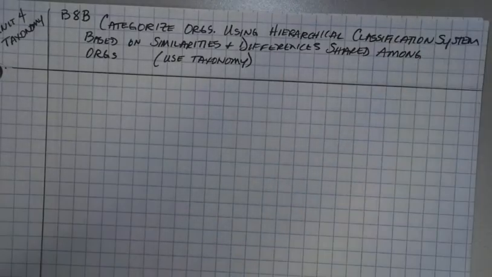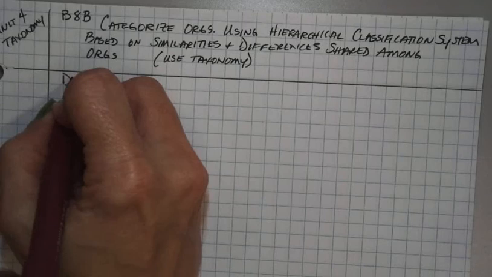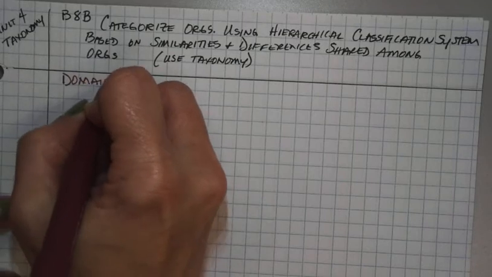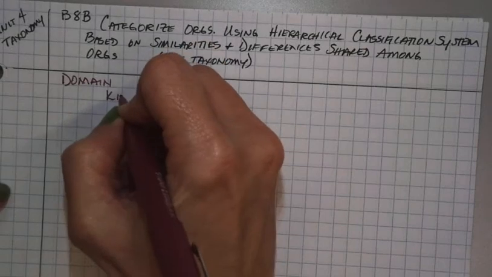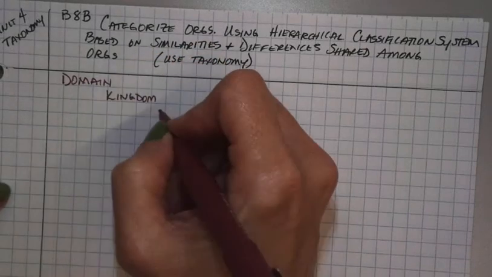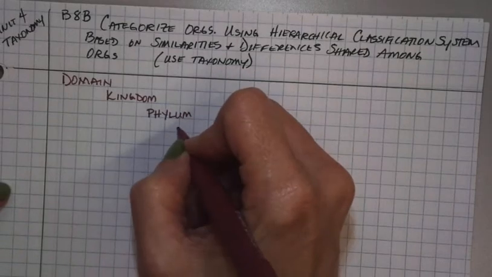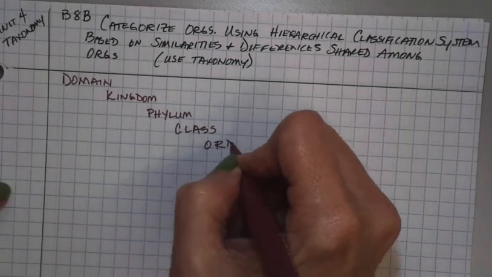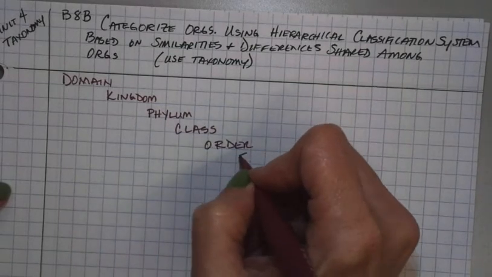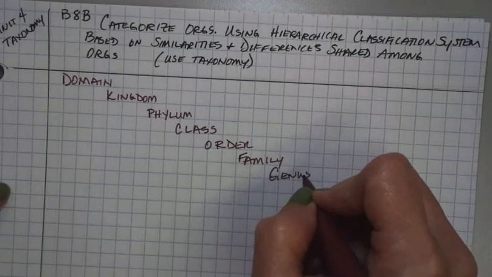So I'm going to start over here, and I'm going to pick a pretty color. Let's pick this one. And what we do is we start with the biggest, and we're going to go from largest to smallest. So domain, and I'm going to make an arrow. So domain, kingdom, phylum, class, order, family, genus, and species.